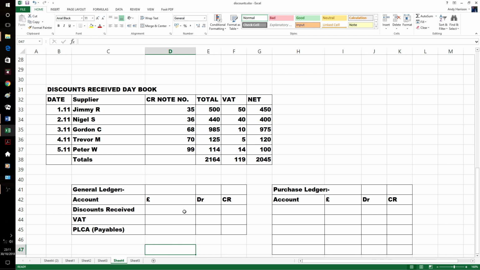We paid them from the cash book, and we've taken a discount. So let's have a look. That will be 2045, the net. That, and payables. There we are. So our purchase ledger is just our suppliers.